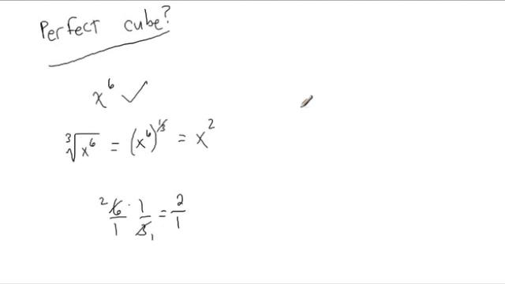Let's try another one. Let's try x to the 10th power. Is x to the 10th power a perfect cube? If it is, I will be able to take the cube root of x to the 10th power and get an expression that has an integer exponent.